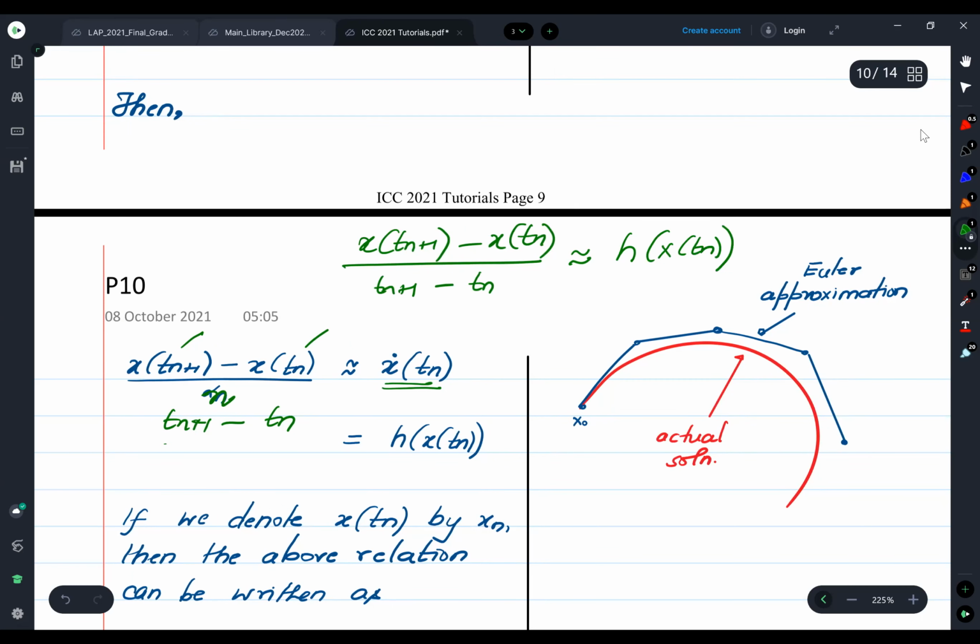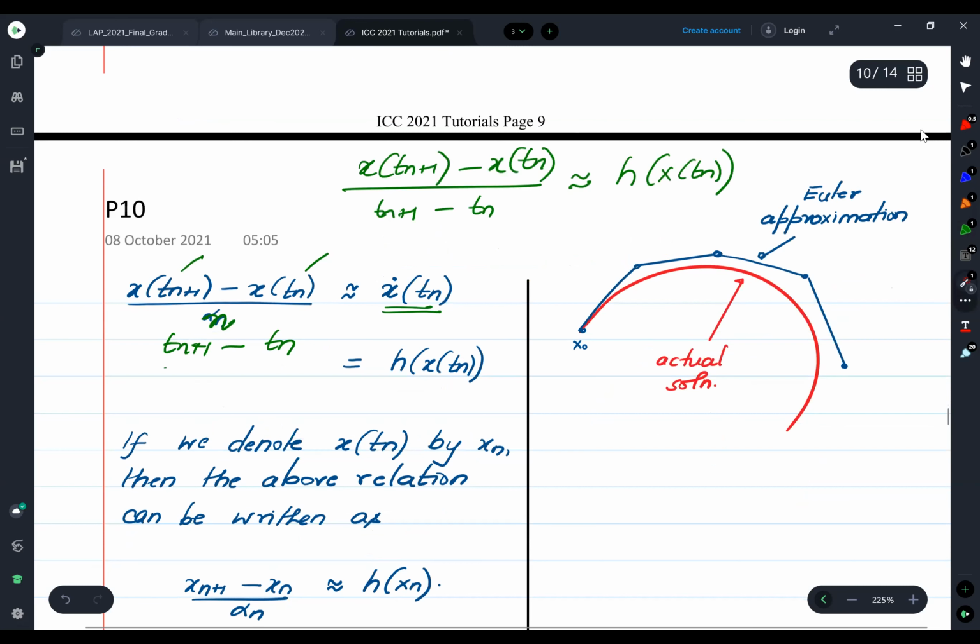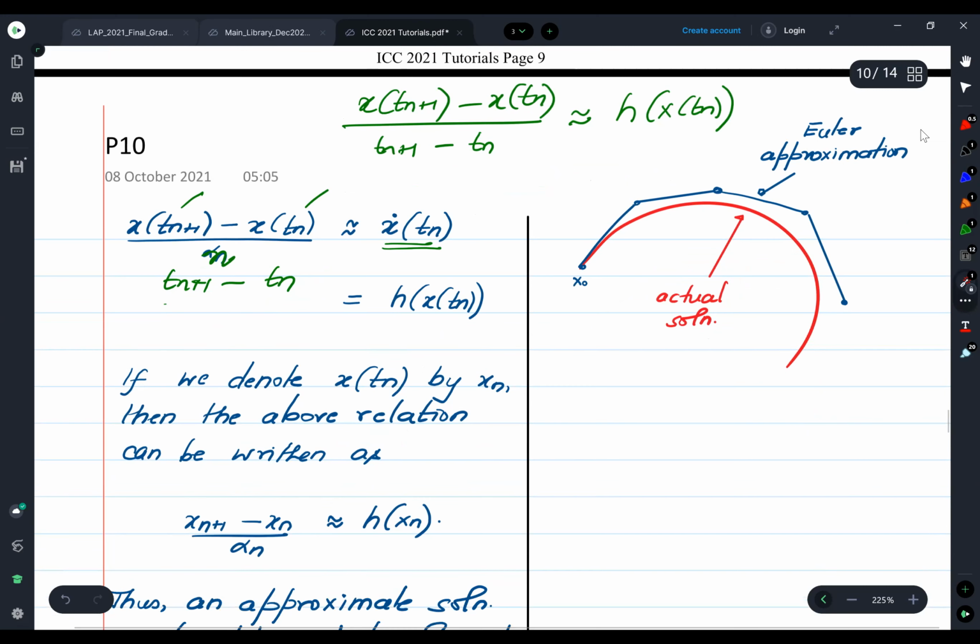So if you denote the value of x of tn by xn, and denote tn plus 1 minus tn as some alpha n, then the above relation can be written as (xn plus 1 minus xn) over alpha n, which is approximately h of xn.